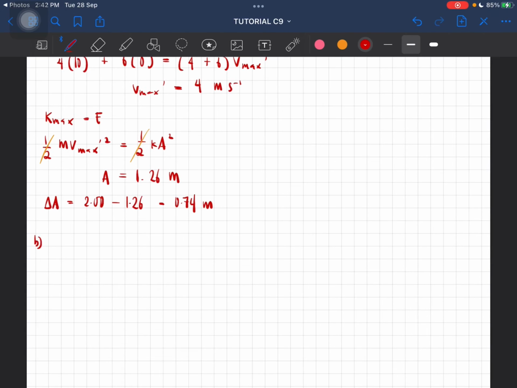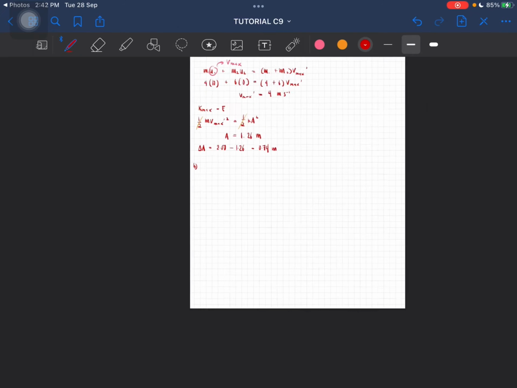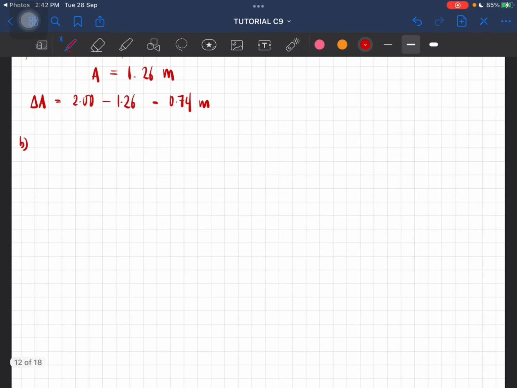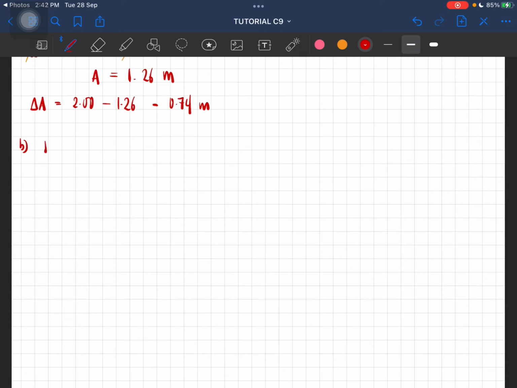Then we need to find the change in period as well. Firstly, we have to find the old period. The old period, I'm going to put T equal to 2 pi square root of m over K. For m here we use the 4 kg first. So 4 over 100, which gives 1.26 seconds.